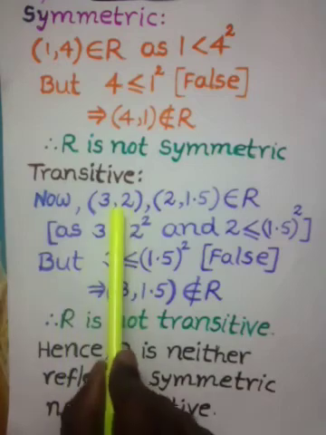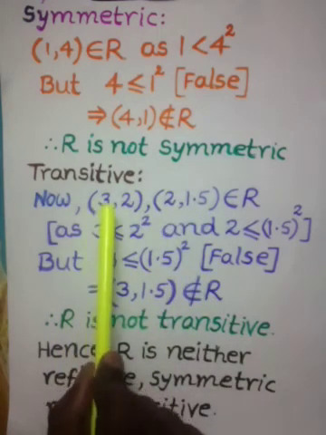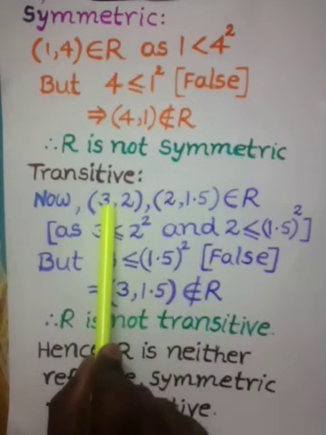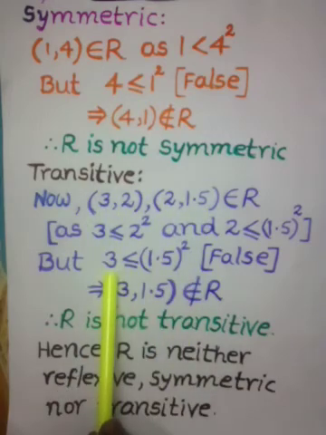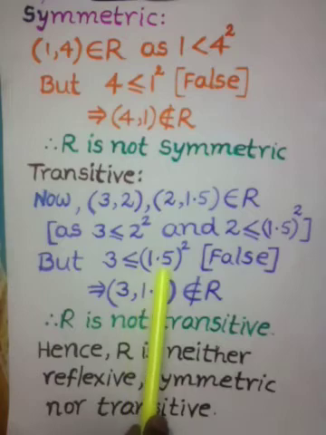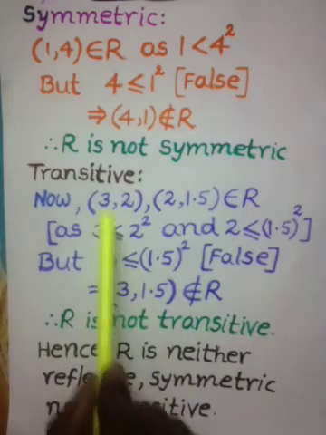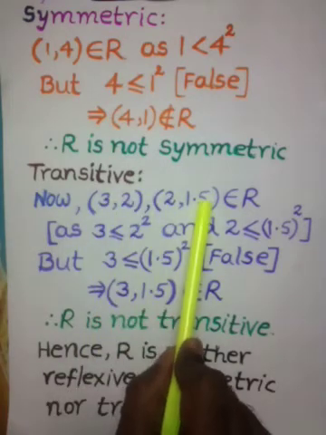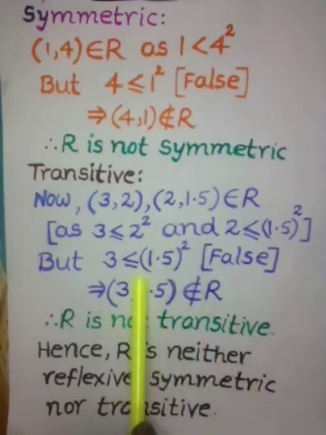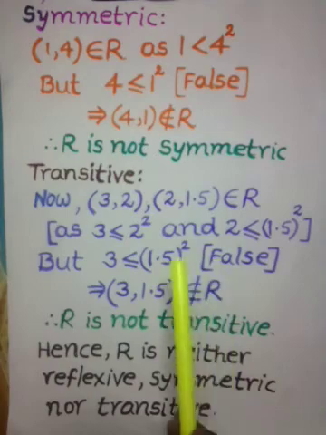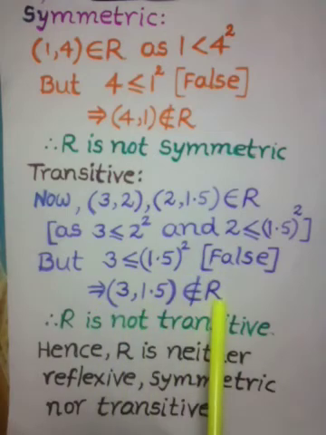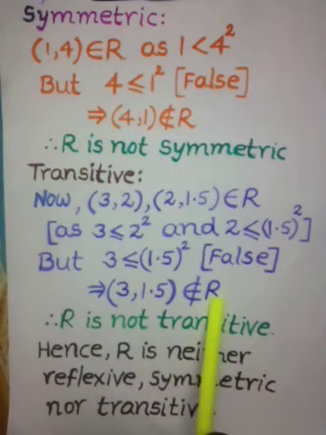But the new ordered pair, what is the new ordered pair? (3, 1.5), by deleting the common element 2. 3 is less than or equal to 1.5 squared. If the relation between these two elements is a true statement, then we say that the relation is transitive. Otherwise, if it is a false statement, then it is not a transitive relation.